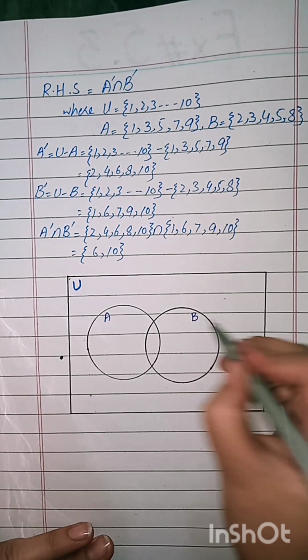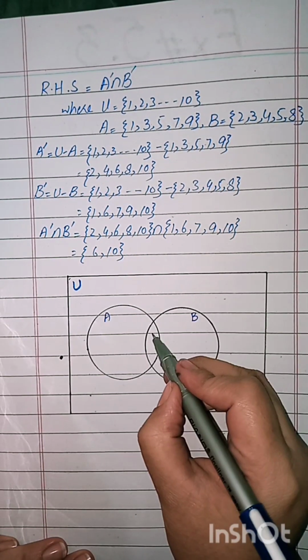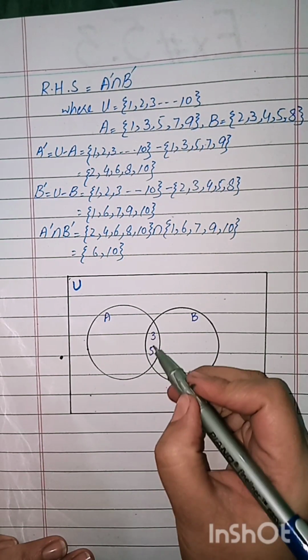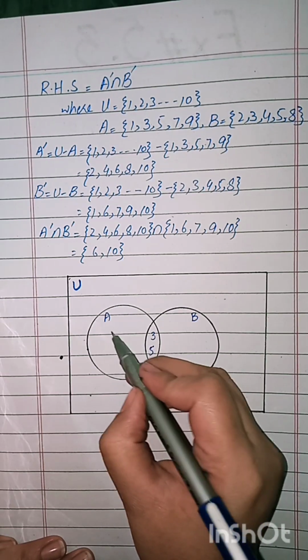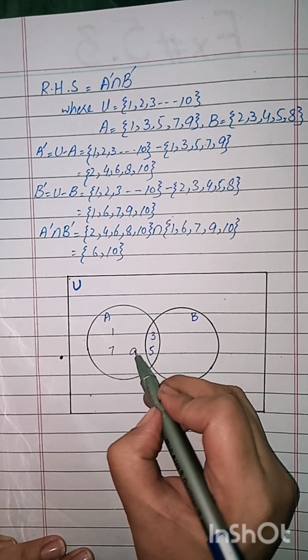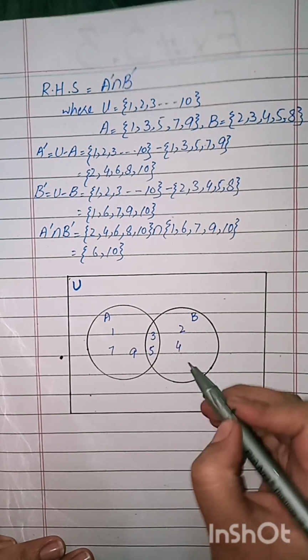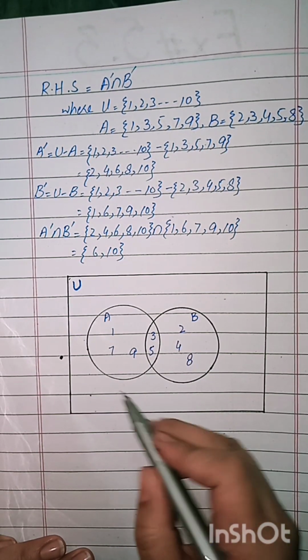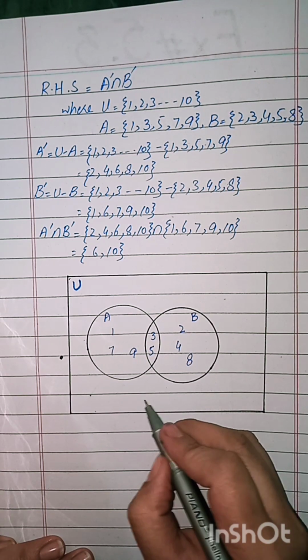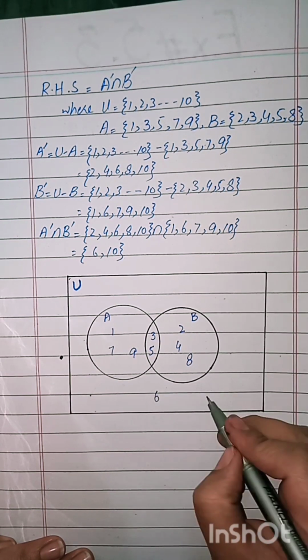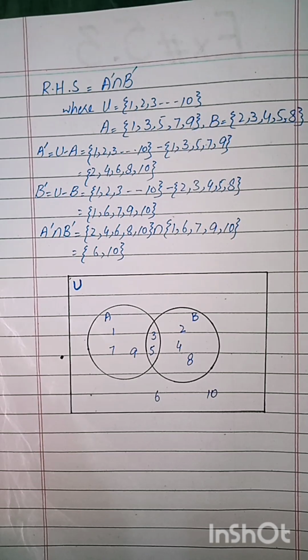First one is A, second one is B. The common elements were 3 and 5. The elements of A are 1, 3, 5, 7, 9. The elements of B are 2, 3, 4, 5 and 8. And the remaining elements which are in U are 6 and 10.